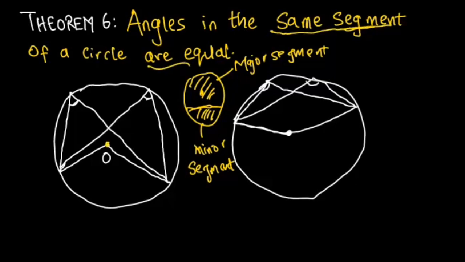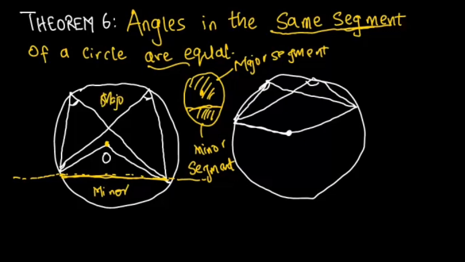Now, how do I know this is a segment? We have the center of a circle. I can take a line that passes through the center. So that passes through this point where they meet. So this line that passes through here is a chord. So this line divides the circle into this smaller part here, which is a minor segment, and then this bigger part above, which is the major segment.